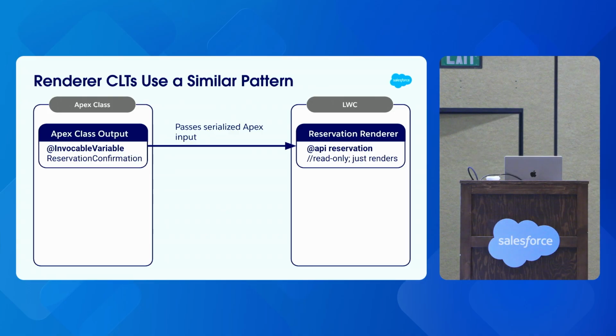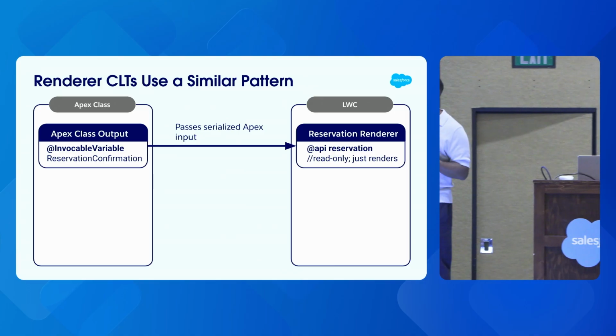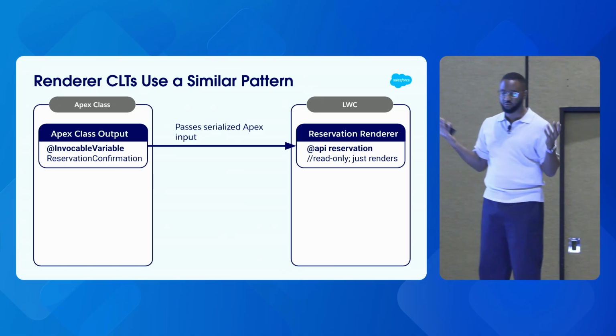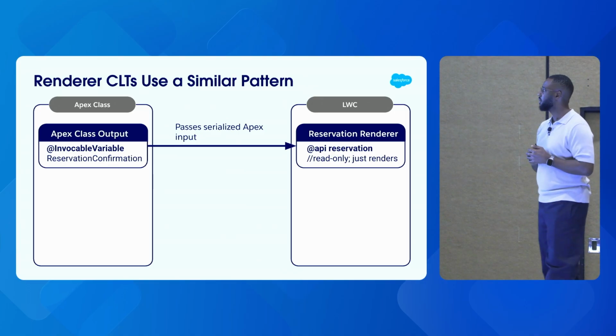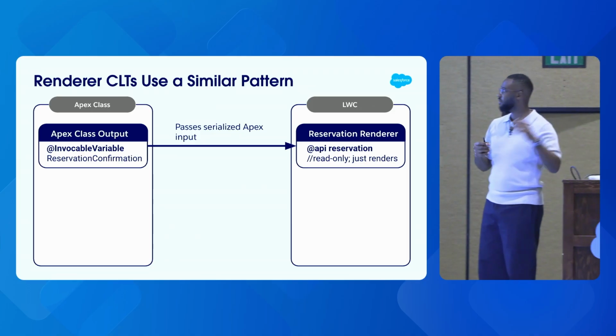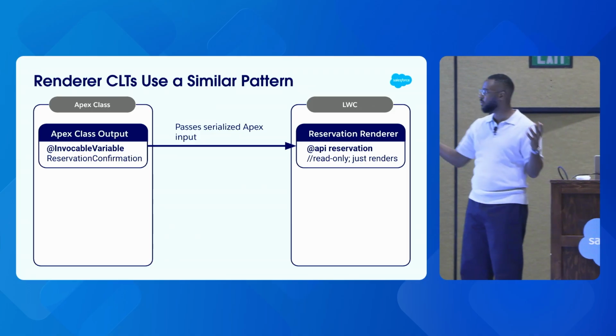And the only thing you really need to do is make sure that your Lightning Web Component is read-only, so it shouldn't be submitting data, it shouldn't mutate anything. And it should have an API property that has the exact same shape as your Apex class output. So you just build your Apex class and an LWC for it, and it just kind of works.